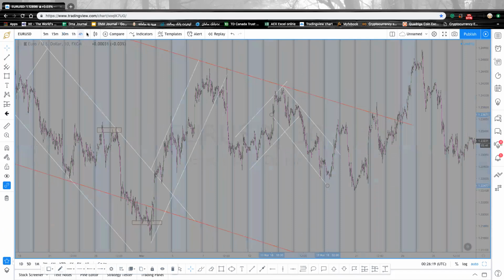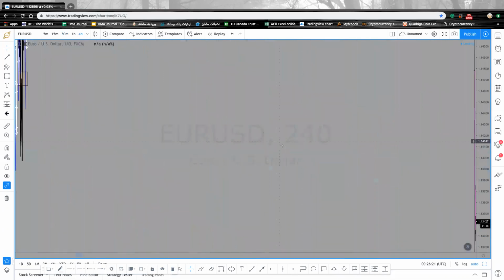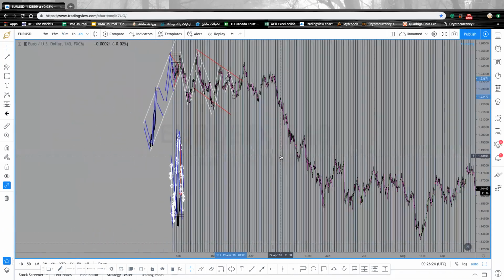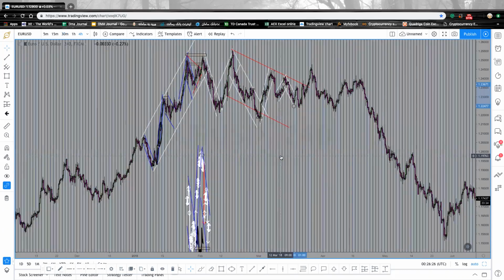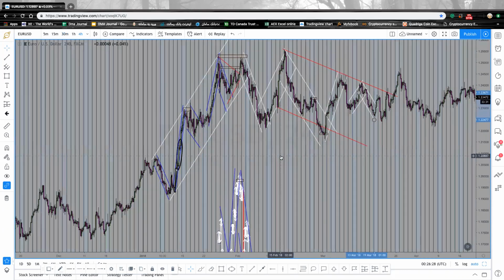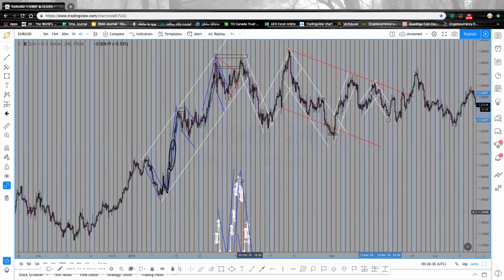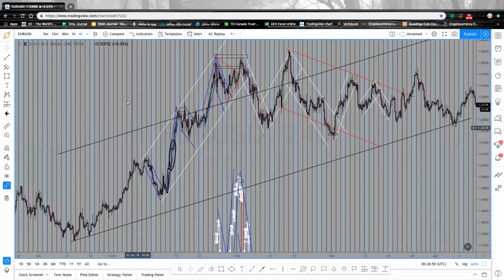Now, if I go to 4-hour, this is a big macro uptrend. I'm not telling you to go draw these trends, trend over trends, that it's 4-hour and 1-hour.